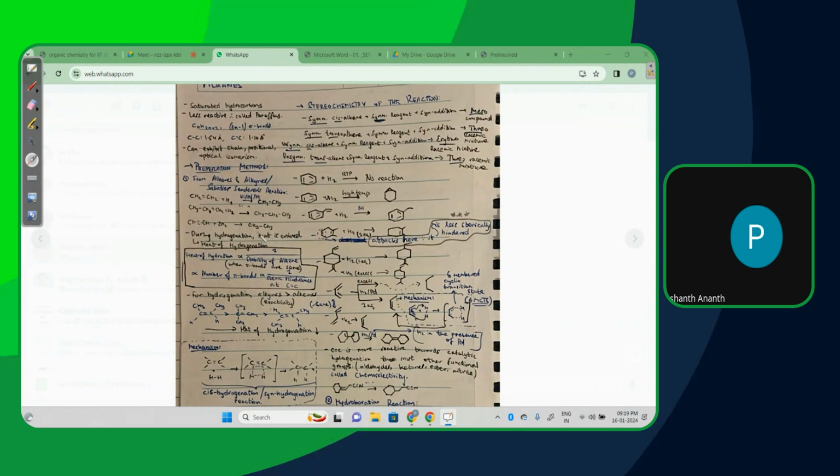All of this. Most of this. The heat of hydrogenation automatically comes into play from the stability of the alkene. So this point is relatively useful, but this point doesn't cover everything. Why does it not cover everything?